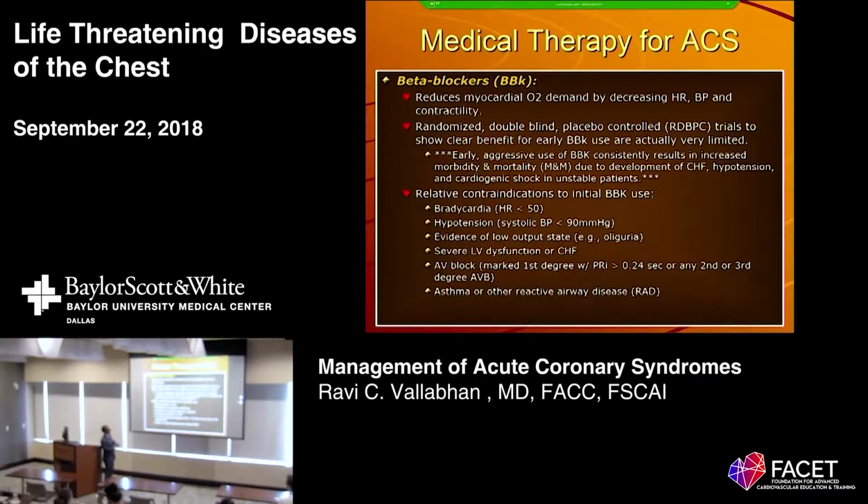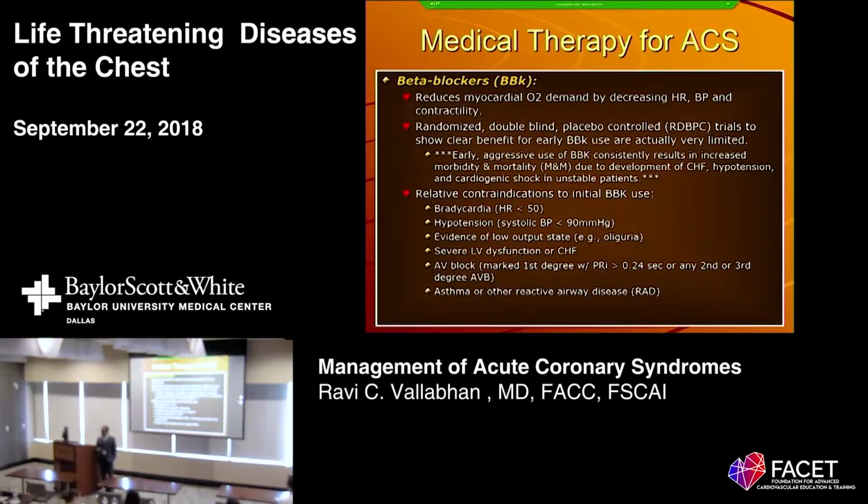These are relative contraindications: bradycardia, hypotension, evidence of low output. If they're coming in with heart failure, you're going to be very wary of beta blockers. Also any evidence of AV block, second or third degree, asthma, and other reactive airway diseases.